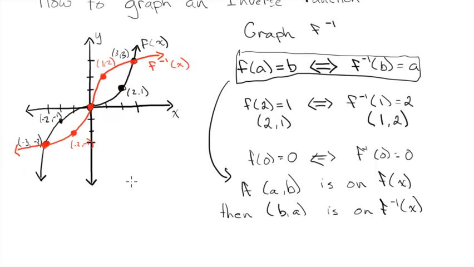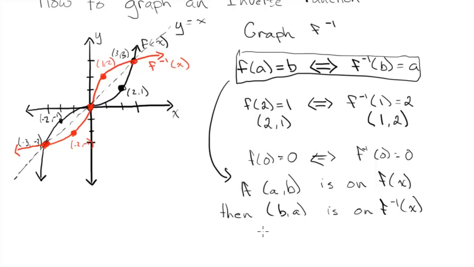Another way to think about this, notice there's sort of symmetry here, and that symmetry is along this diagonal line. And the equation of that line is the y equals x line.